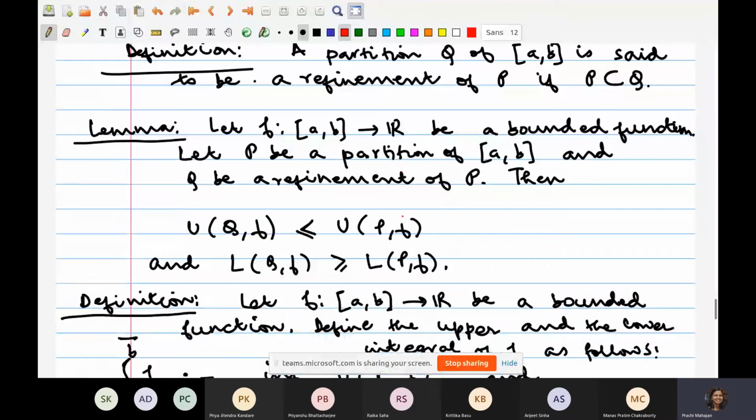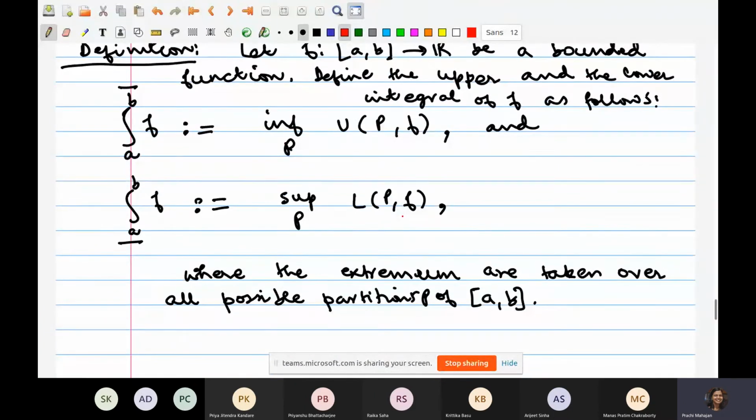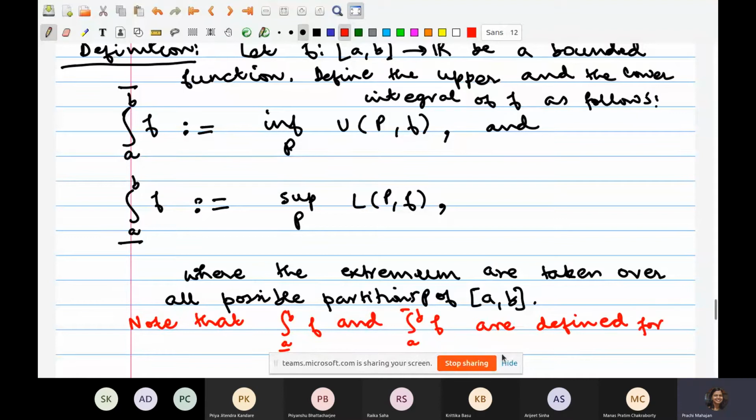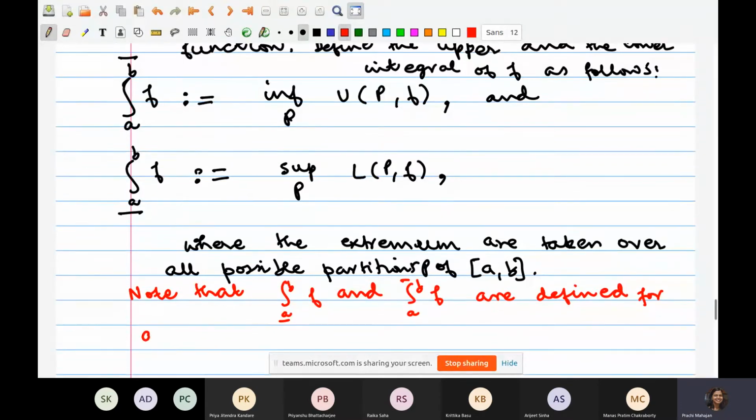So I'll just write here, after defining these, something for you to check: note that these two notions, the upper and the lower Riemann integral, are defined for all bounded functions f. Is everybody with me? Okay, all right.